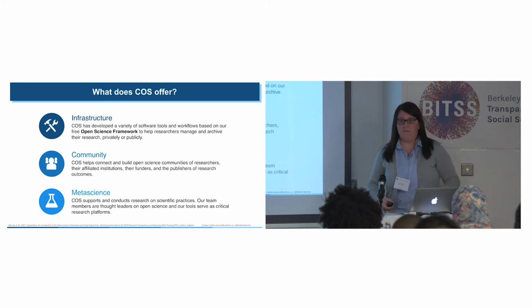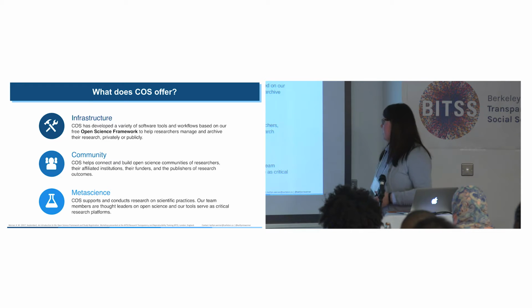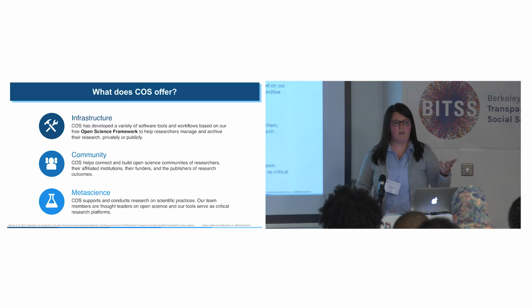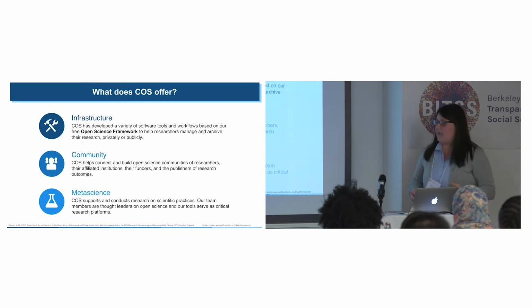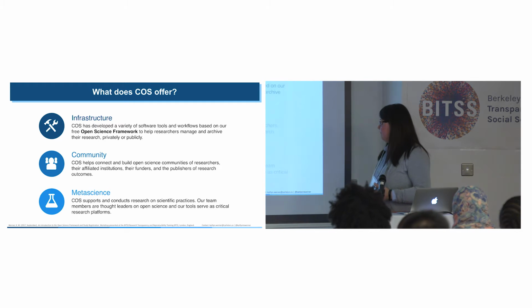And then they also focus on meta-science, which is basically just studying scientific practices. For example, you might have heard about a more recent paper by Kidwell, who looked at the effectiveness of badges in journals. But today, because we have a limited amount of time, we're going to talk about infrastructure, specifically the Open Science Framework.